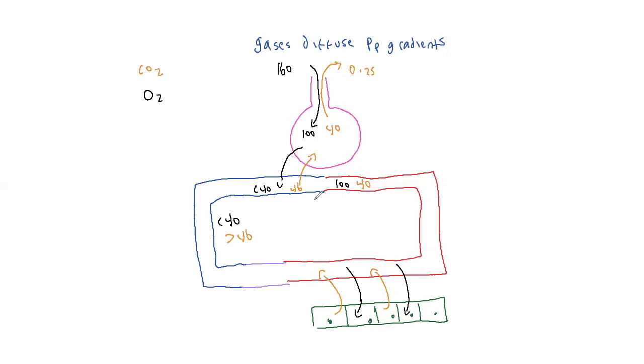Now, when the blood passes through the alveoli, it's always going to reach equilibrium with the conditions in the alveoli. So oxygen is going to diffuse into the blood until the partial pressure gradients have reached equilibrium. Same with carbon dioxide. So oxygen is going to diffuse into the blood until both environments have 100 millimeters of mercury of oxygen, and carbon dioxide is going to diffuse out of the blood into the alveoli until they've matched at 40 millimeters of mercury of carbon dioxide.